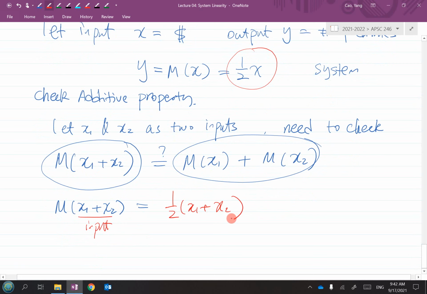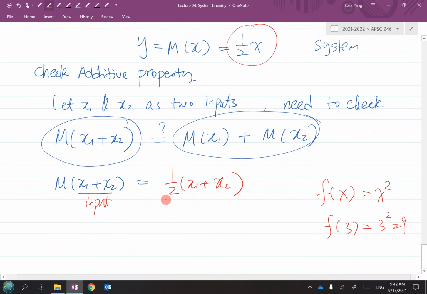It's very much like this: if I give you f of x equals x squared, and ask what is the value of f of 3, you replace the x with 3 and you get 9. Of course, right now we're replacing things not with numbers but with symbols, but it's the same thing. So that's what we get for this input, and this is the output.